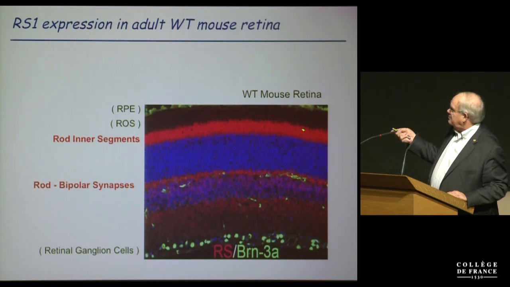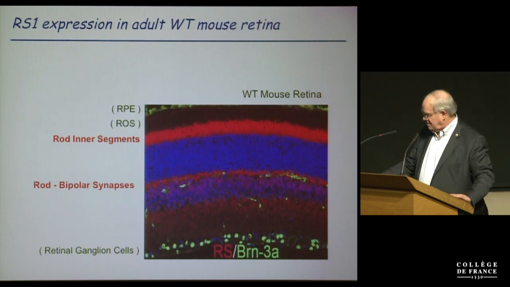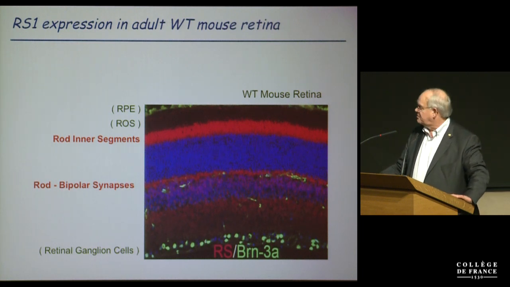Here you see retinoschisin in the rod inner segment zone, not the outer segment zone. And the protein is also represented in the synaptic zone between the rod photoreceptors and the second order neurons, principally the bipolar cells. So let's look at these two regions.